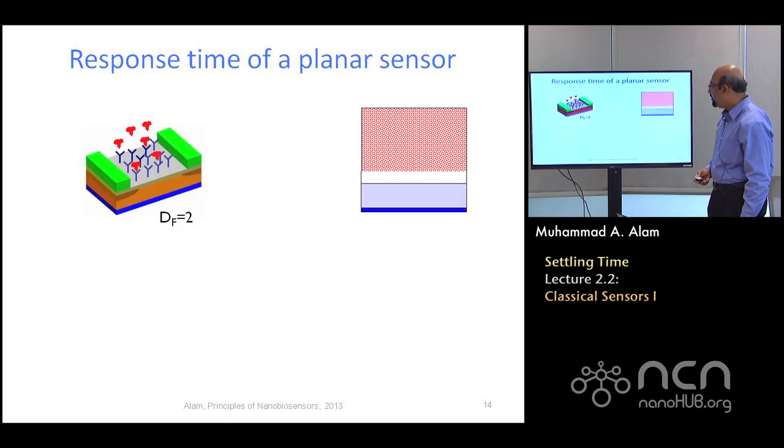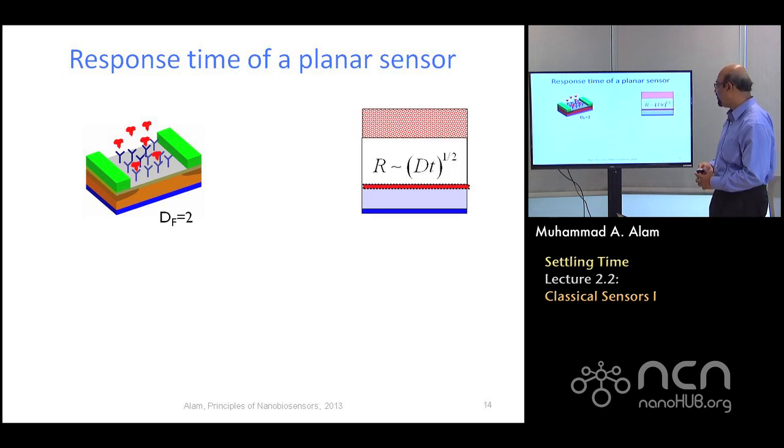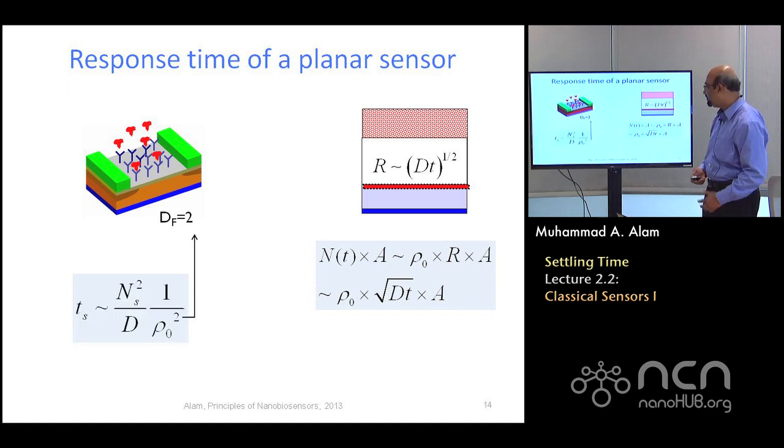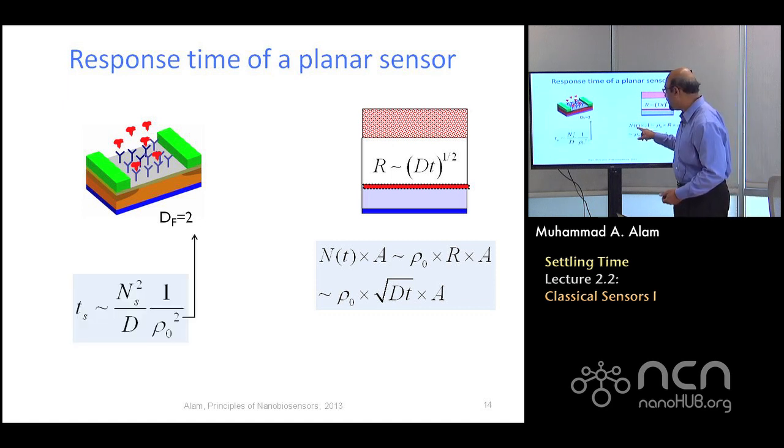Now, therefore, if you are with me up to this point, then you should also agree that the number of molecules captured, N_t of A, is rho naught multiplied by the distance it got depleted, square root of Dt, as I just showed you in the last slide. And so therefore, if you need a certain number of molecules in order for the sensor to get activated, let's make that number N_s.